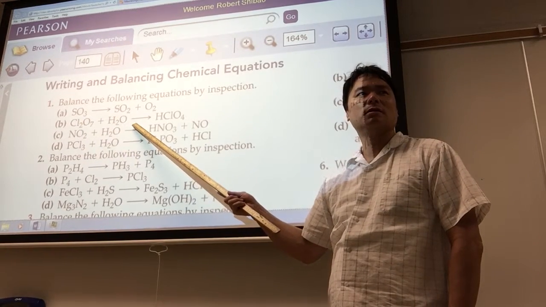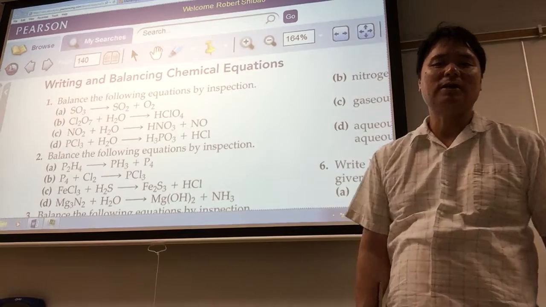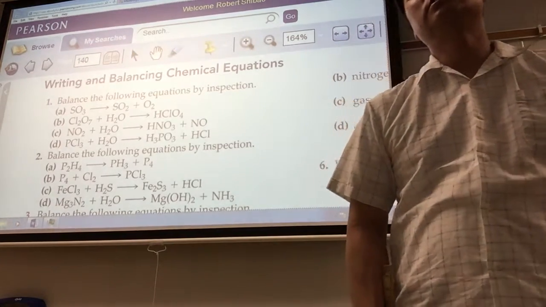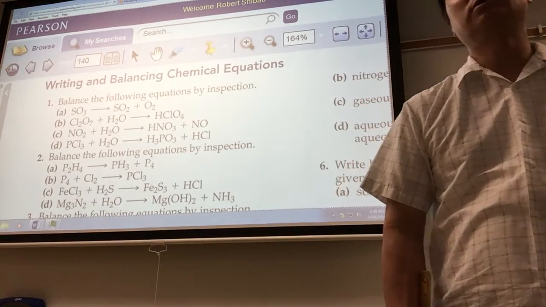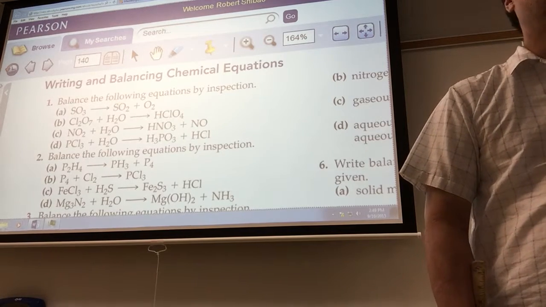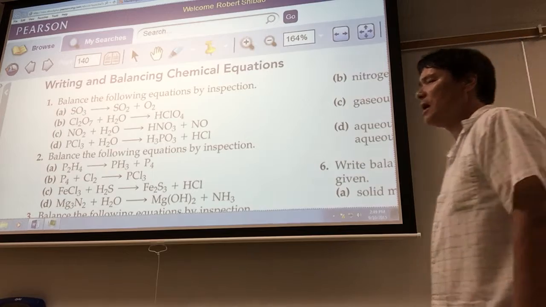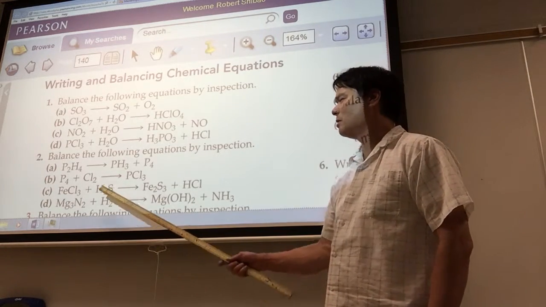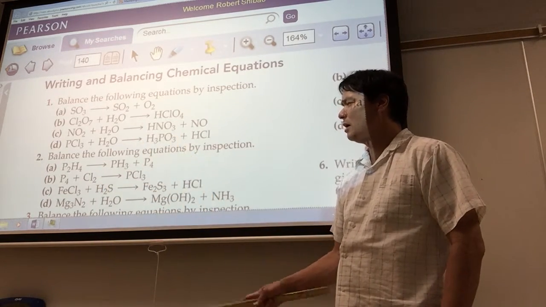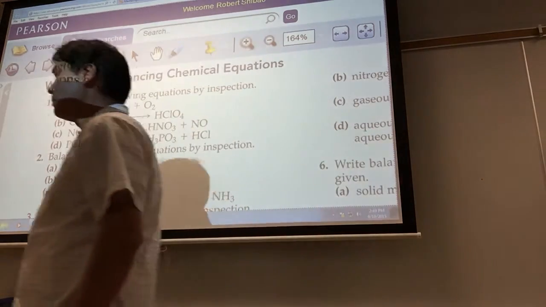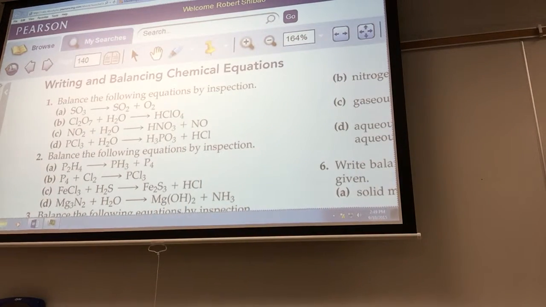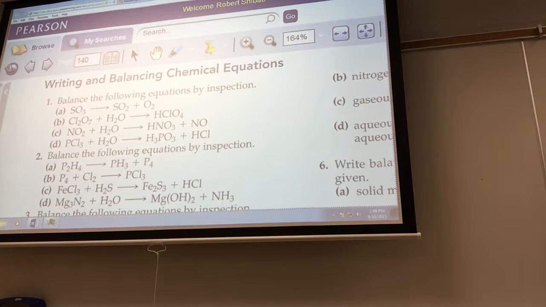But we have different definitions of acids and bases. One definition is the Bronsted definition, which is a proton donor and proton acceptor. But we have a more general definition, which is Lewis. And Lewis described acids and bases as electron pair donors and acceptors. And so acid-base reactions can get a bit more complex. We'll look at those.